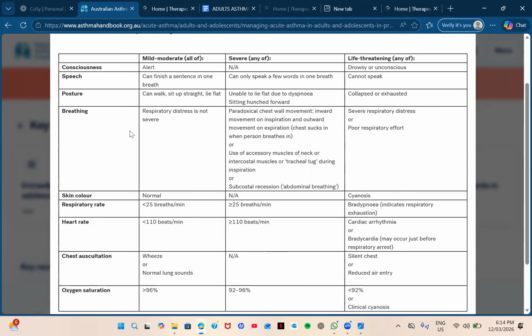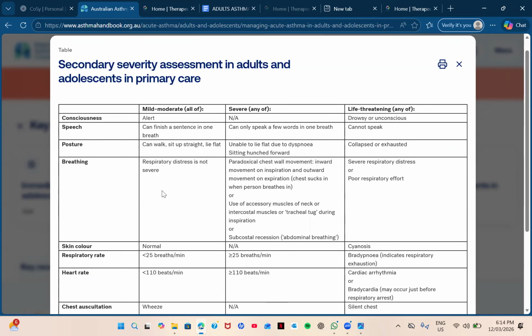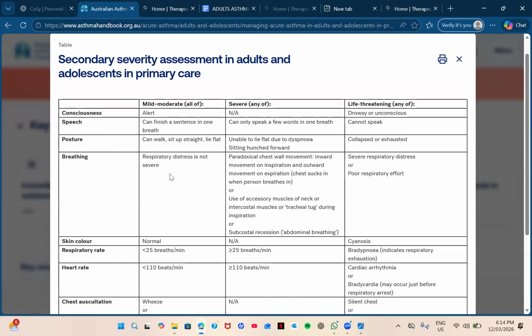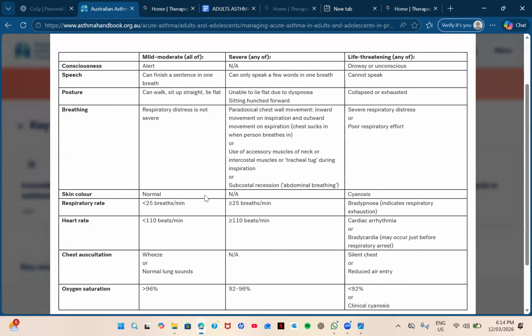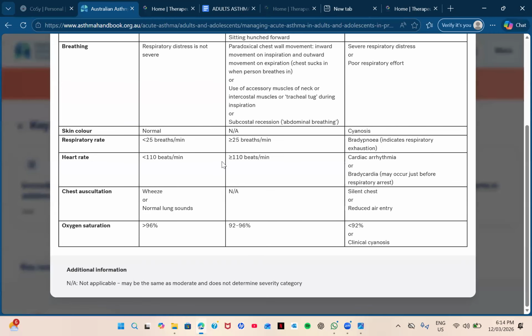So in mild to moderate: consciousness alert, speech can finish a sentence in one breath, posture can walk or sit upright, respiratory distress is not severe, skin color normal, respiratory rate less than 25, heart rate less than 110, chest auscultation wheeze or normal lung sound, oxygen saturation more than 96.